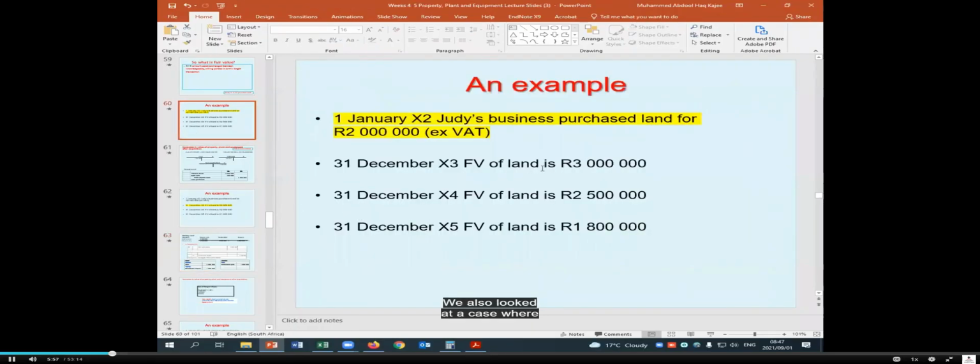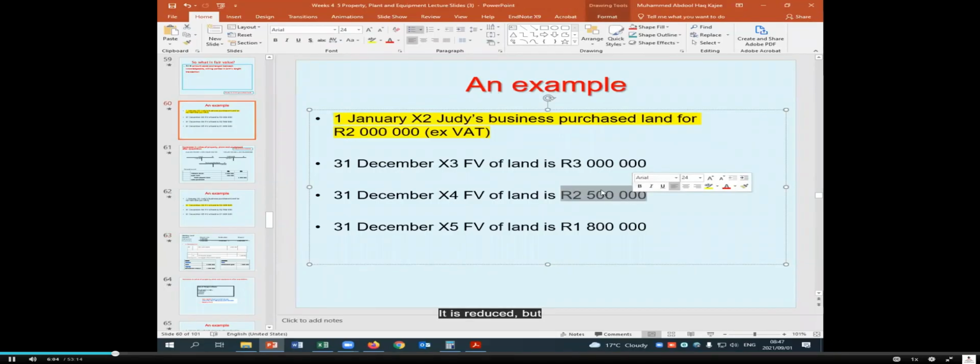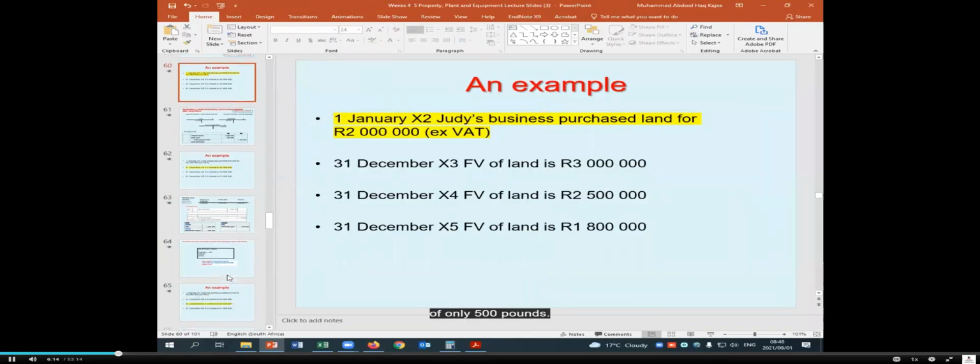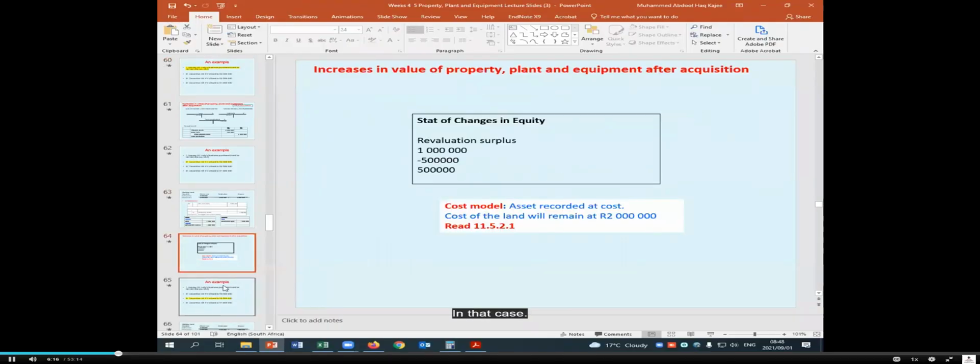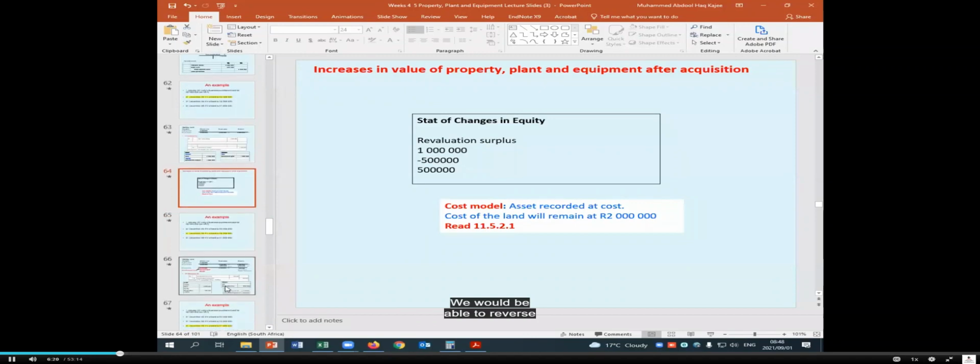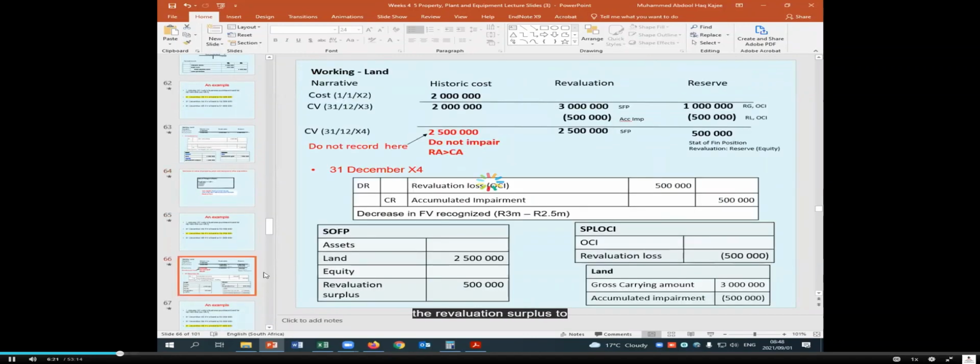We also looked at a case where now the fair value goes down. It is reduced, but not below the original 2 million. It's just reduced by 500,000. So there was an increase of 1 million, and next year there's a decrease of only 500,000. In that case, we would be able to reverse the revaluation surplus to account for that decrease.